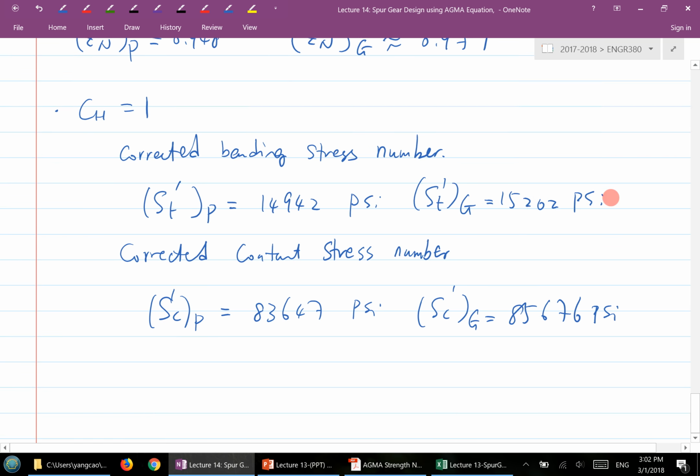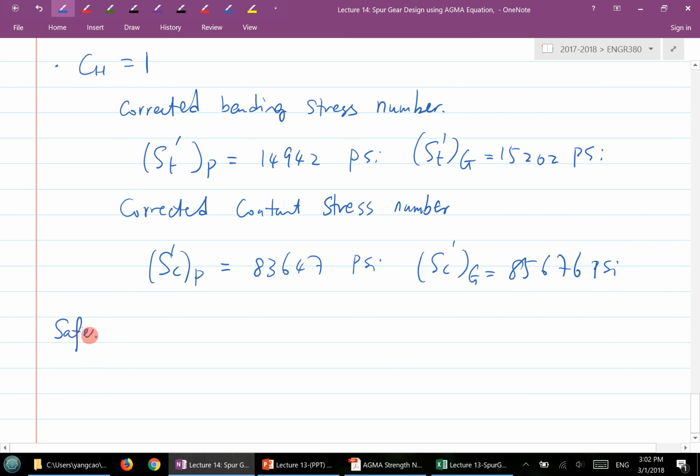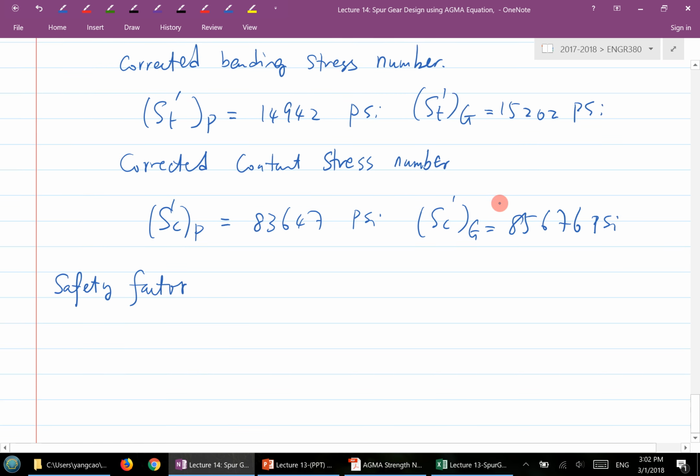Finally, you can look at the safety factor. Okay, so safety factor, we use SF in this section here. We use SF for bending, so that's a safety factor for the bending. Of course, you're going to calculate the bending for both pinion and gear. So SF for the bending here, right?